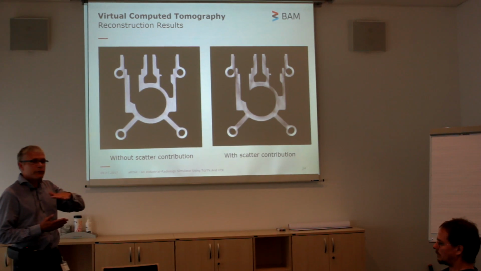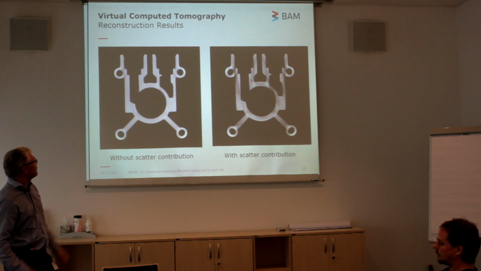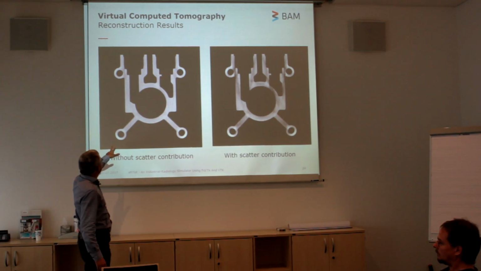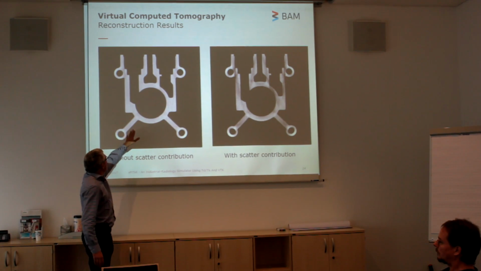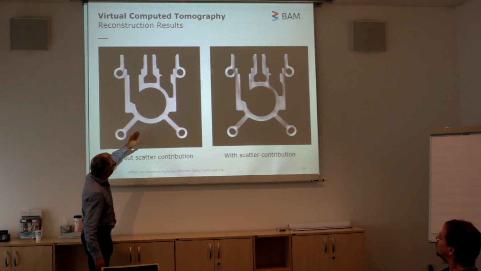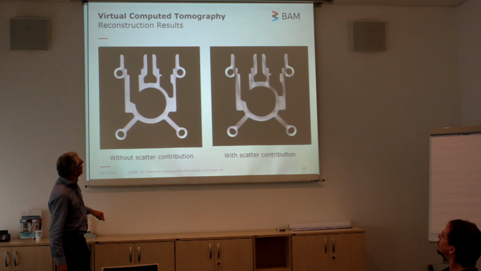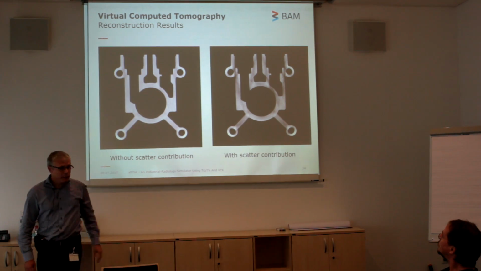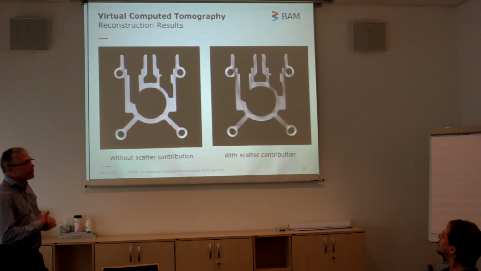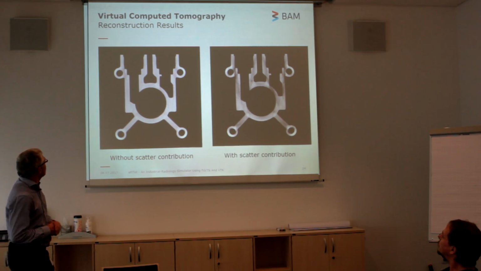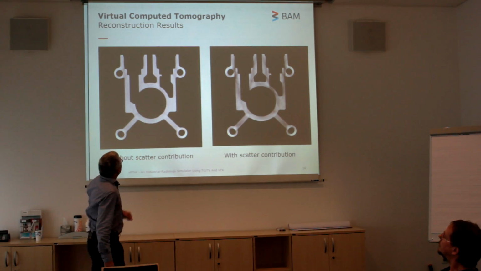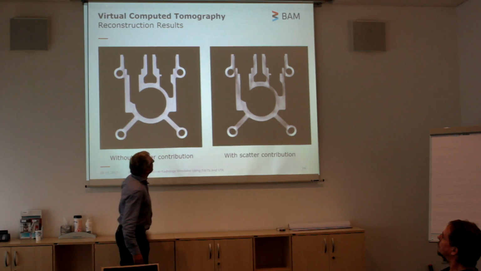If we now look at the reconstructed slice of this object, we see even without scatter contribution, we have some artifacts in the material. Normally that should be just one gray value because it's homogeneous material, but there are some extra lines here, a little bit dark if you draw your attention, or here in this case.